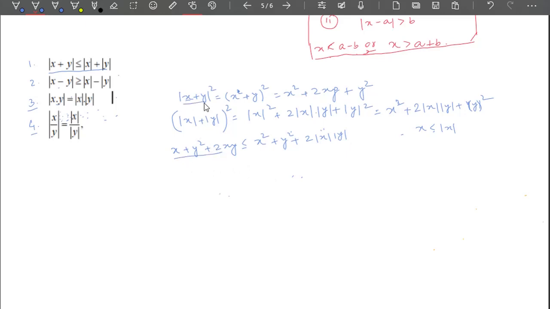This is modulus x plus modulus y whole square.